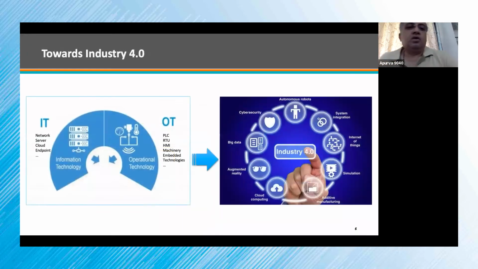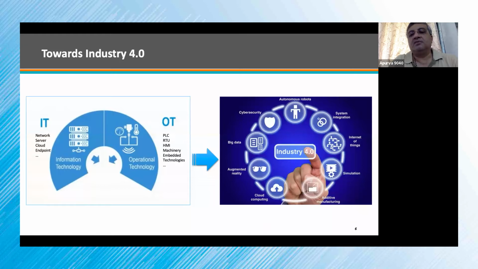So towards Industry 4.0, when you merge IT and OT, okay, it is not only IT and OT, there are a lot more things that will be part of Industry 4.0. If you look at the IT side, you have network, servers, cloud, endpoint, everything. On the OT side, you have PLCs, RTU, HMI, machinery, embedded technologies, and all those things.